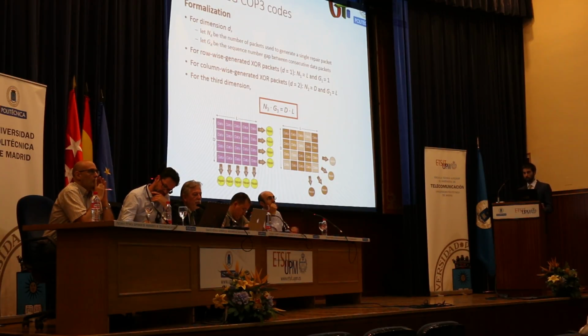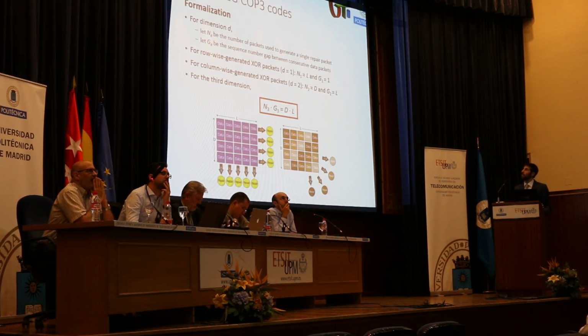First, we can describe the dimensions of the standard codes by using two parameters, n and g. n is the number of packets that are used to generate one single repair packet, and g is the sequence number gap between two consecutive packets that are used to generate that repair packet.